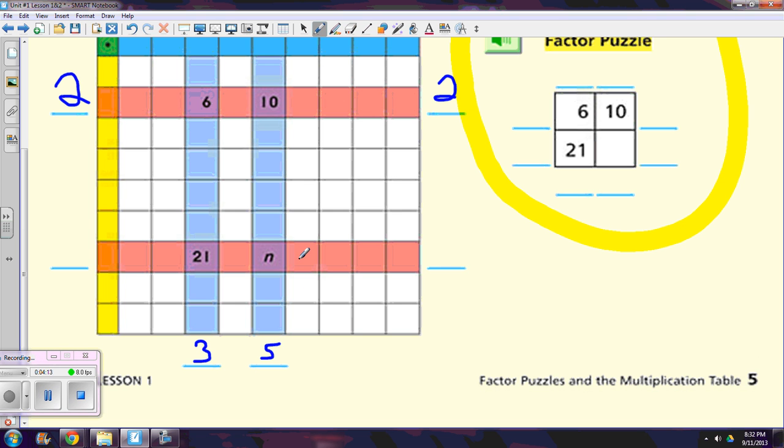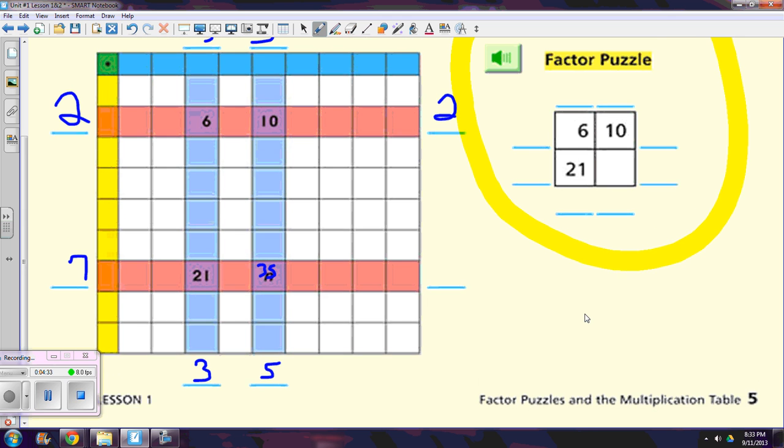Again, a variable is a letter that represents a number. 21 divided by 3 is 7. 7 times 5 is 35.